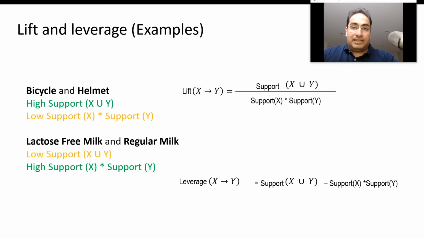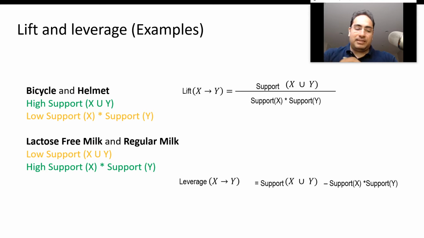So an example is, for example, bicycle and helmets. Not a lot of people that go shopping buy bicycle and helmets from Walmart, for example. From the 10 times that they go and buy anything, they may buy milk and bread, but maybe once a year or twice a year or once in many years they buy a bicycle.